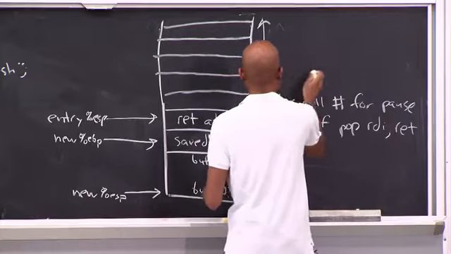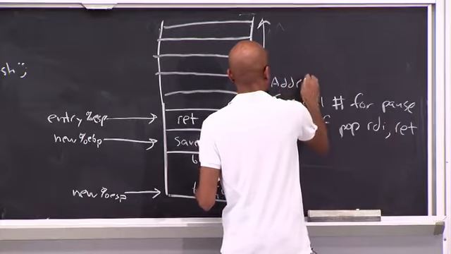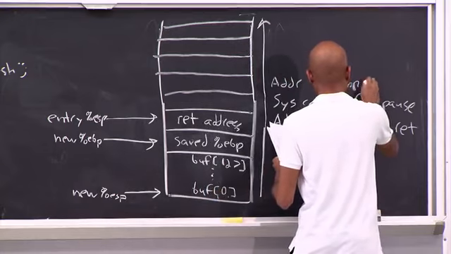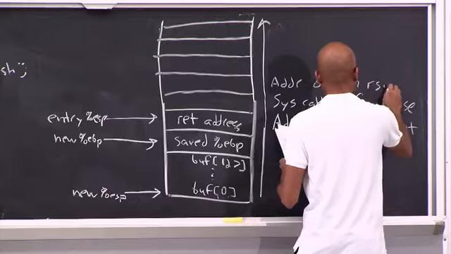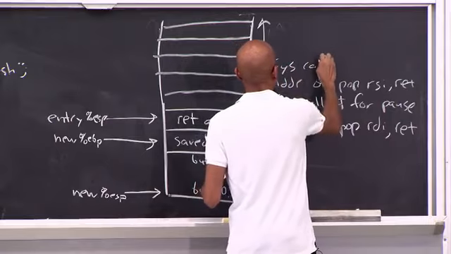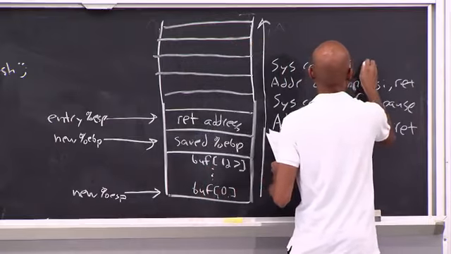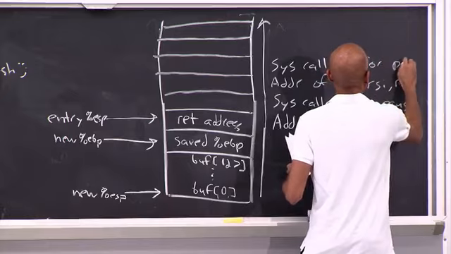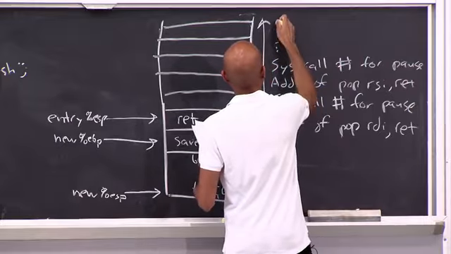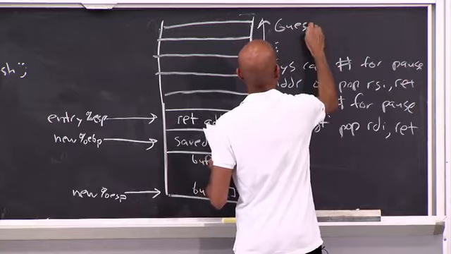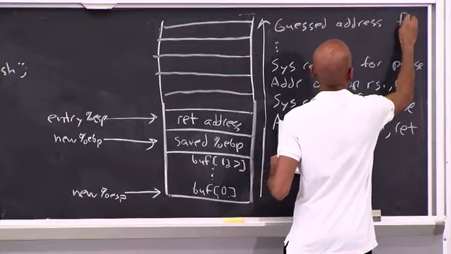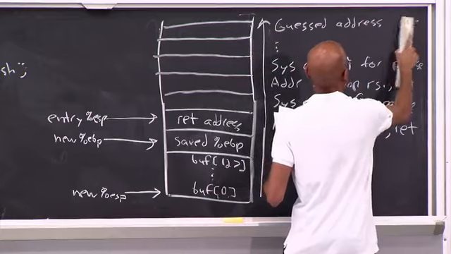And then let's say that we have another gadget that we found that pops into a different register, let's say RSI. And then we'll put the system call number for pause up here again. And we do this for all the gadgets that we found. And then eventually we put the guess address for pause. Or sorry, for syscall, excuse me.